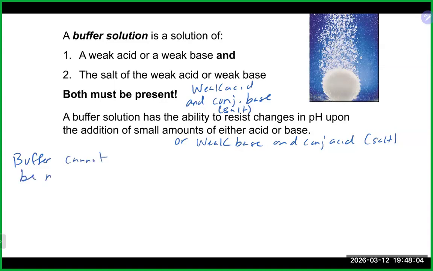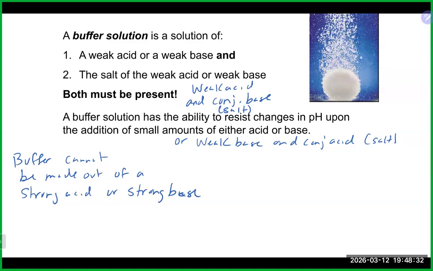A buffer cannot be made out of a strong acid or a strong base. So you cannot have a buffer that's made out of a strong acid or strong base. The reason for that is, as I mentioned before, you have to have both of those things in the solution to begin with. You have to have an acid part of the buffer and a base part of the buffer.